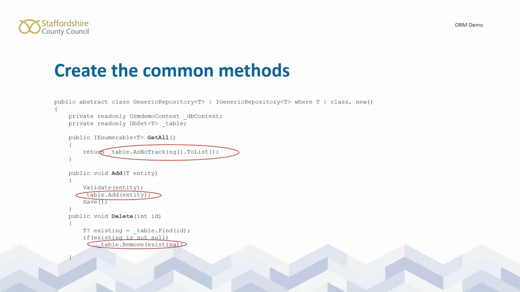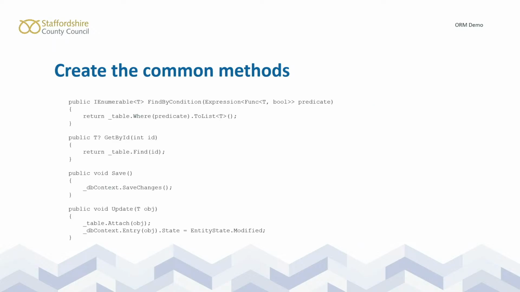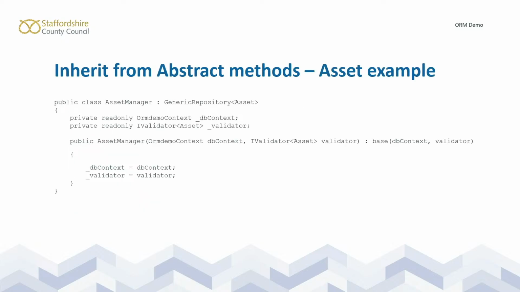Delete, remove it if it already exists. Create the common methods. Find by condition, pass in the predicate, push in the condition, etc. And then this is an example of how it can be used in the generic repository.